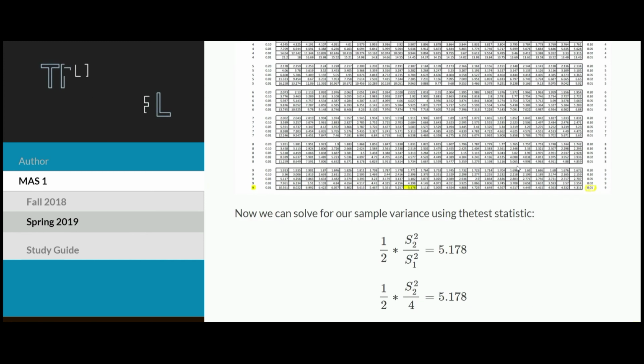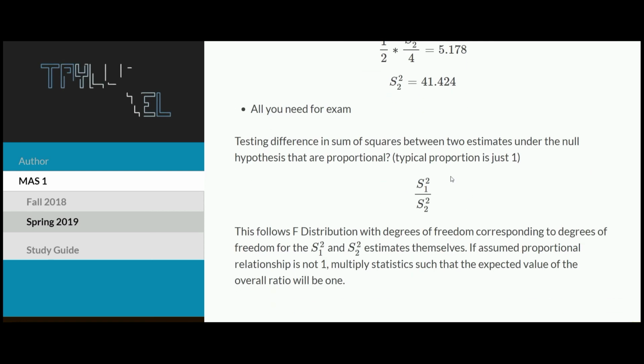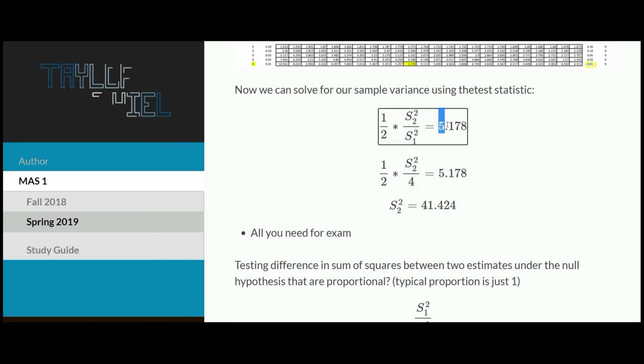All right, so we write down 5.178, and we know that's what our test statistic equals. So then we say, okay, what is the test statistic itself? Well, I know it's the division of the sample variances, multiplied by whatever constant I need to make it have an expected value of 1. It's just kind of a mental shortcut.